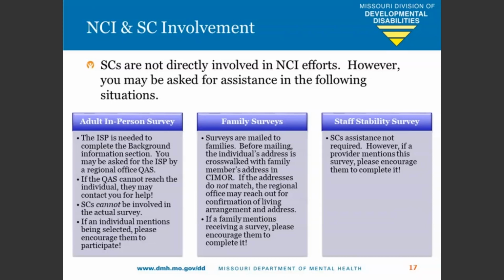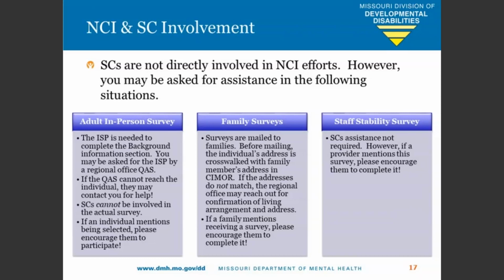Or if the individual does not live at home, it is really helpful if the living arrangement in Similar is kept up to date.